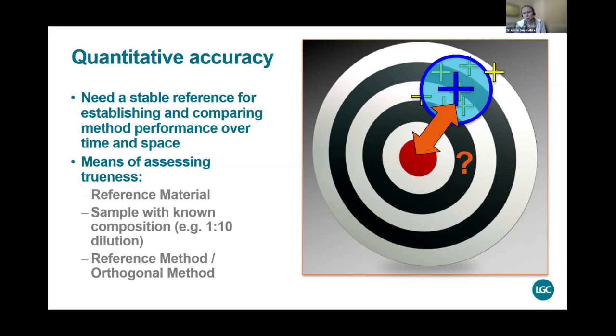So for a change of, for example, tenfold, then that can be mocked up with samples which are of a known dilution factor. But also reference methods or orthogonal methods can help to validate the intended sort of clinical measurement approach.